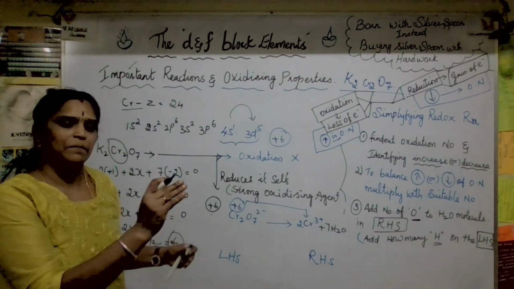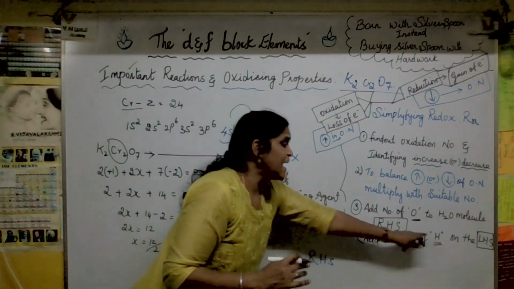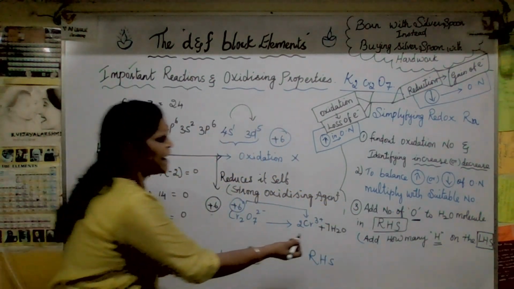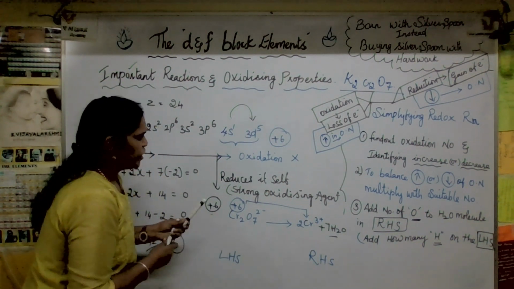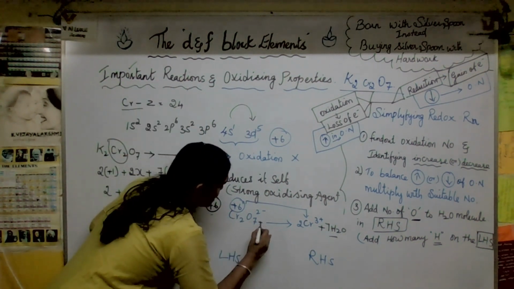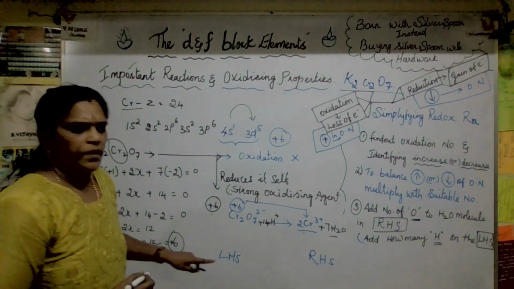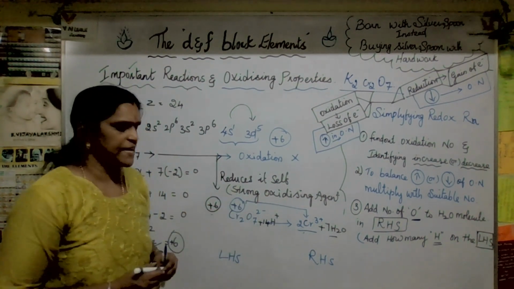Now this is over. Next point. Add hydrogen on the left hand side. How many hydrogen are required? 7 twos are 14. So here you have to write 14H+ ions. Now how many electrons are involved in the oxidizing agent?